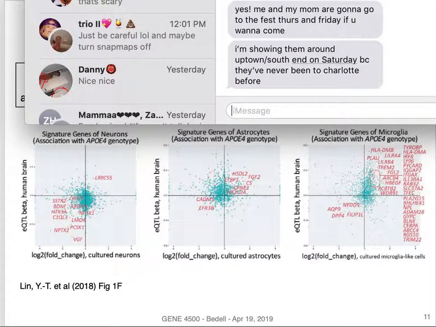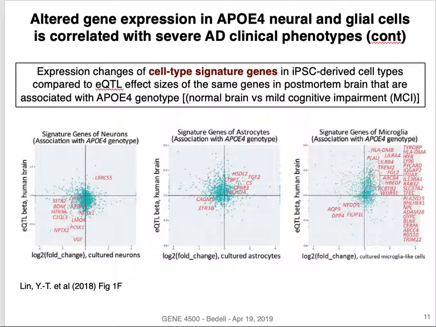Anybody? But what this is doing is letting them look at a specific gene, and eQTL refers to the expression level of that gene, whether there are quantitative differences in the expression level of that gene that relate to the phenotype. That was done in the previous studies with respect to mild cognitive impairment.